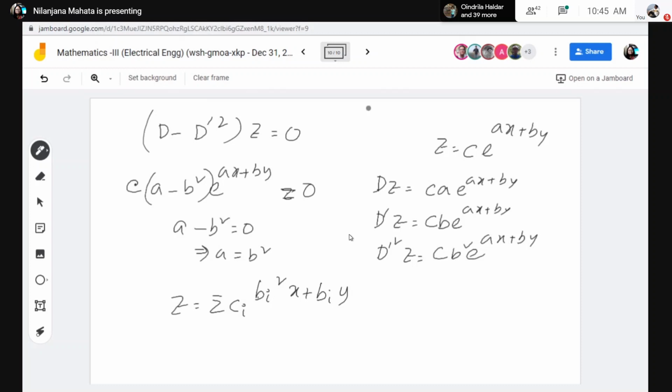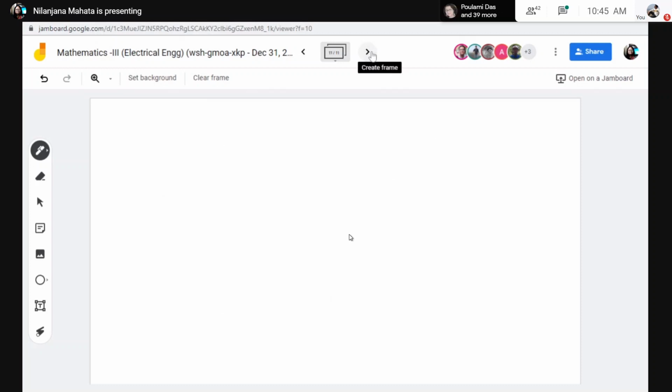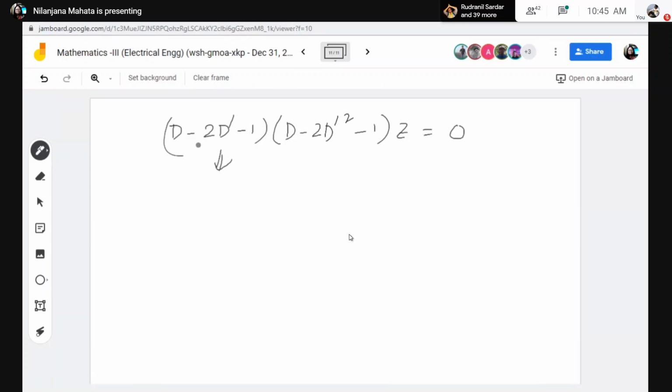Suppose you have an equation like D minus 2D dash minus 1 times D minus D dash square. You know how to solve the reducible part, you know this CF.